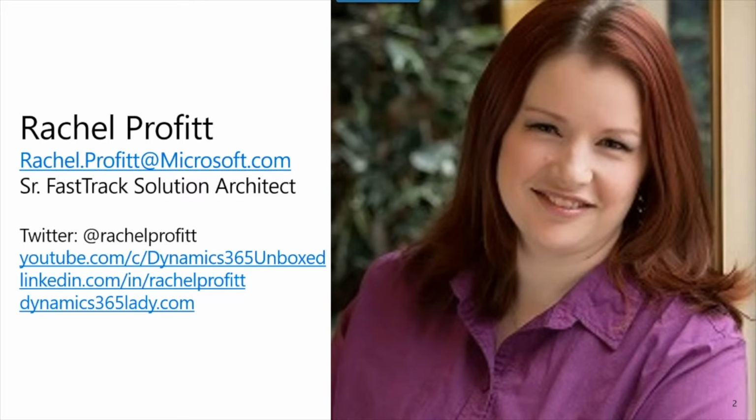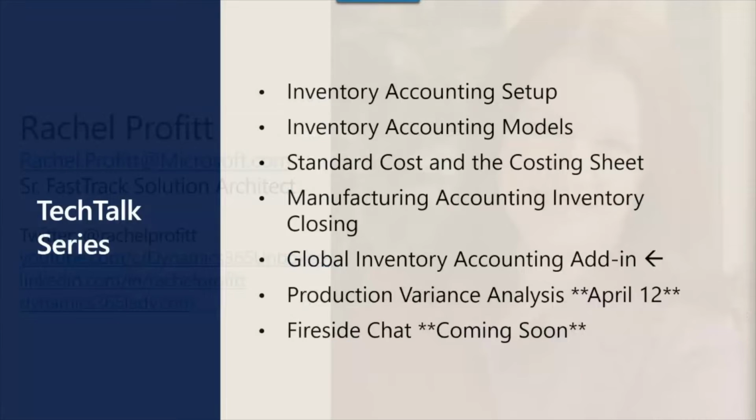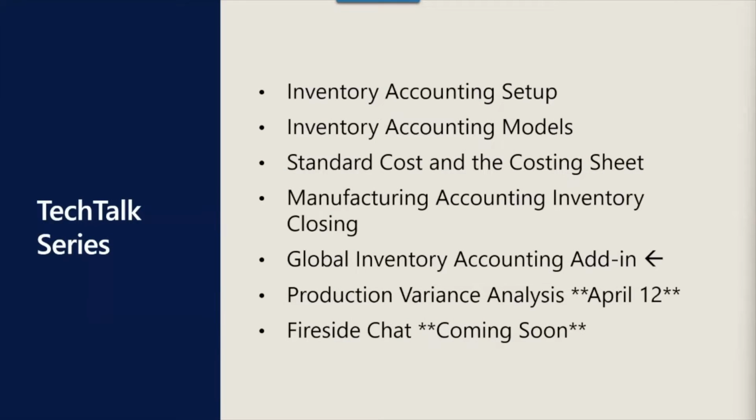So, taking a quick look at our Tech Talk series, this is the 6th Tech Talk in a series of 8 Tech Talks that are diving into the details of inventory costing in Dynamics 365 supply chain management. Today, we're going to be focusing on the new Global Inventory Accounting add-in. Part 7 is new, and we'll be focusing on production variance analysis, and we'll wrap up with the fireside chat, which is coming soon.